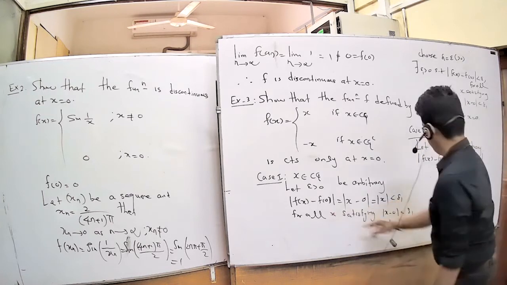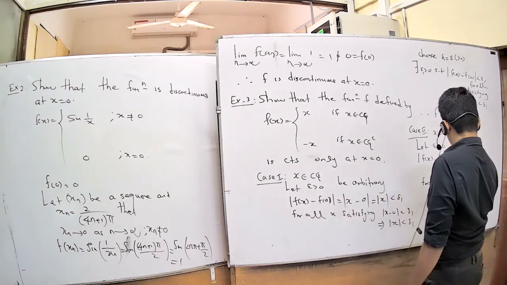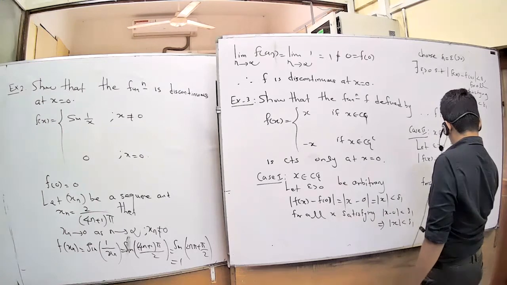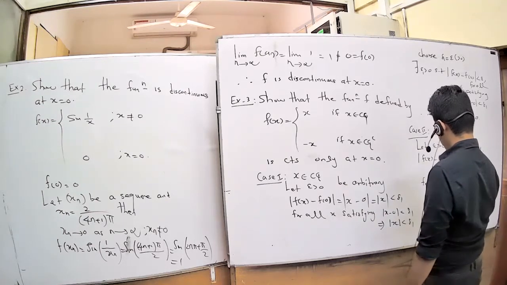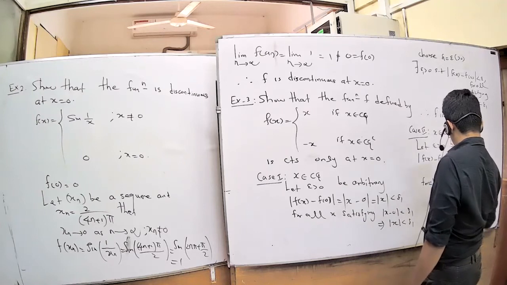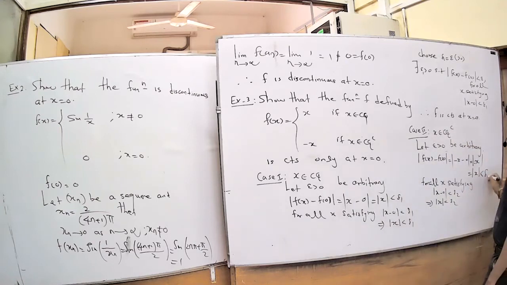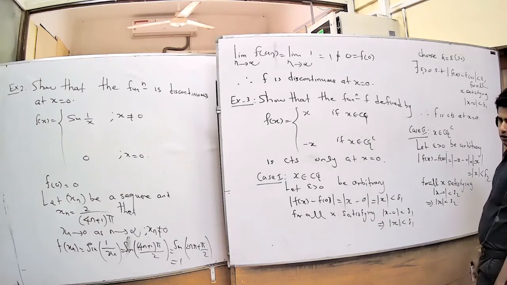Here, for all x satisfying modulus of x minus 0 less than delta 2, this means modulus of x less than delta 2.